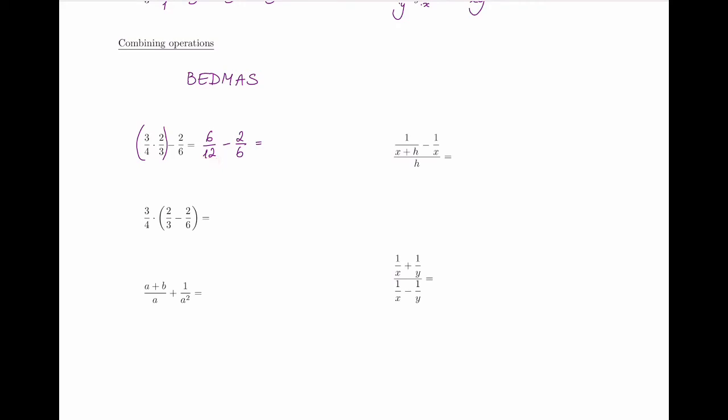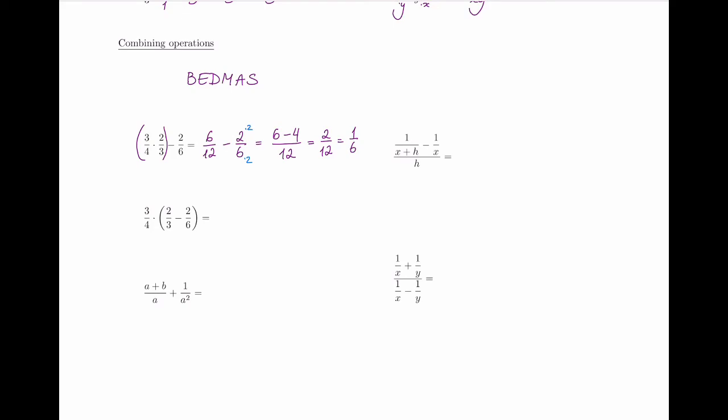So I simply need to multiply the second fraction by 2 on top and bottom. So I'm going to have 6 minus 4 over 12, or 2 over 12, and if I cancel the factor of 2, I'm going to get 1 over 6.